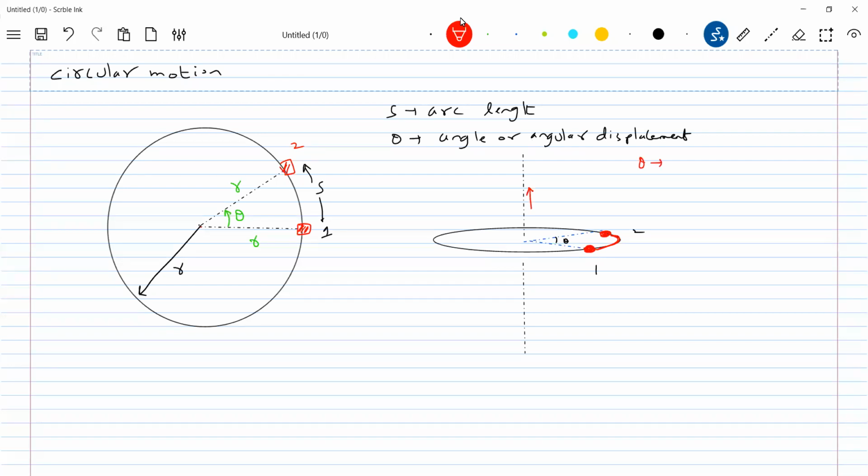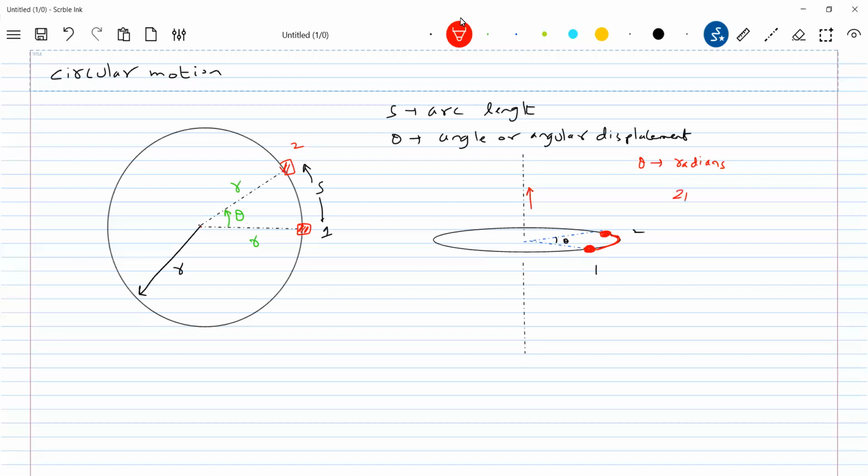Theta is expressed in radians here. Of course, we also go for degrees, which is very typical, but the actual unit is radians. Degree is what we use basically in geometry.